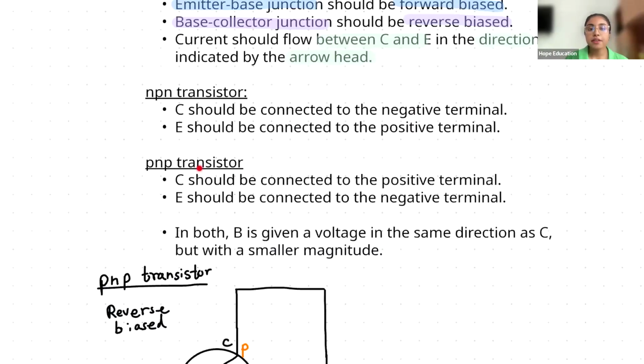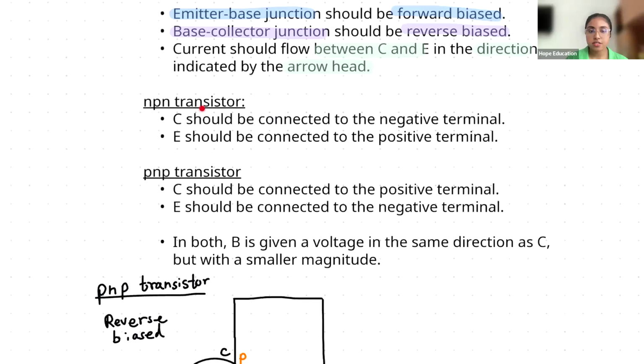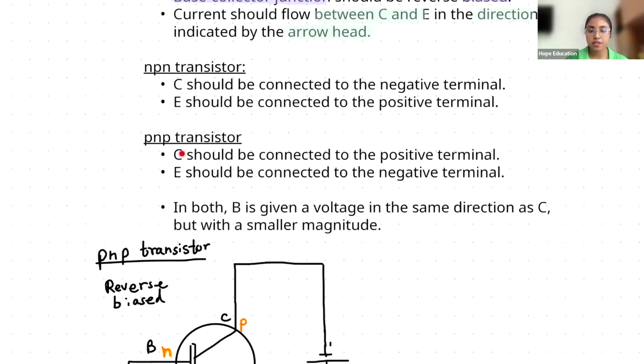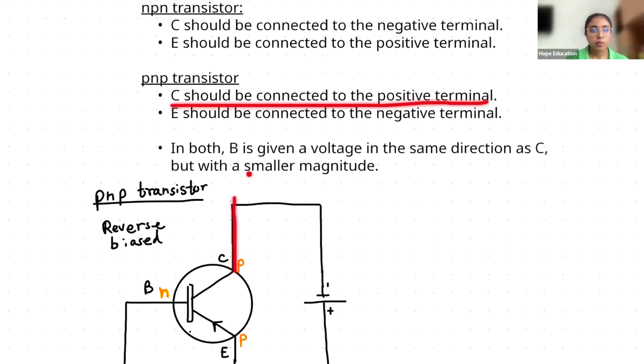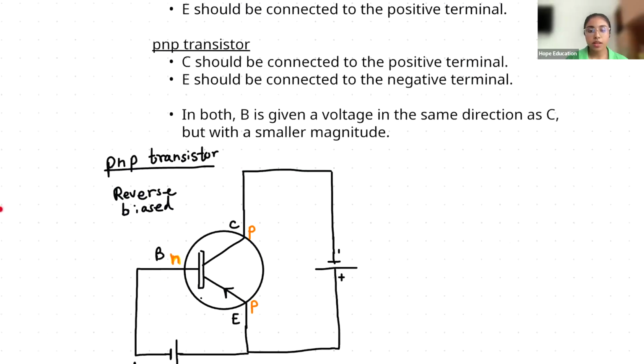Now let's look at the PNP transistor. In a PNP transistor, C should be connected to the positive terminal. Right? What? One second, there is a small error.